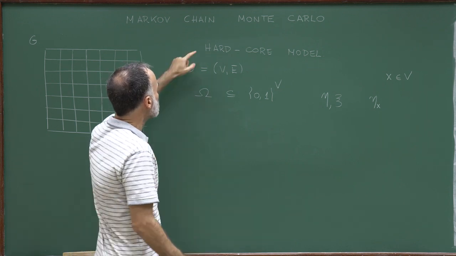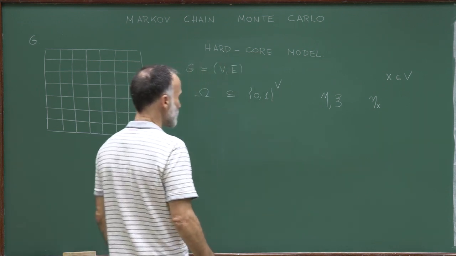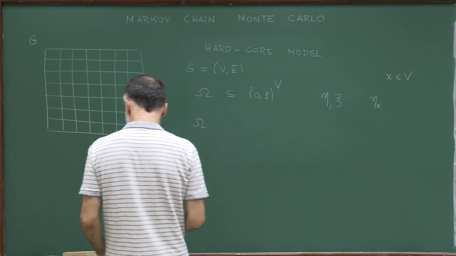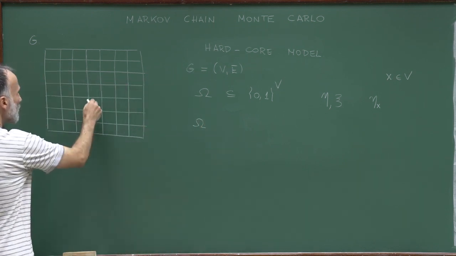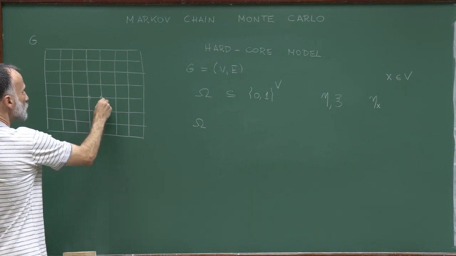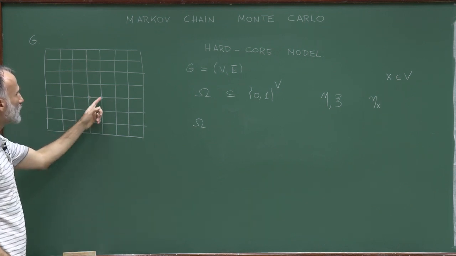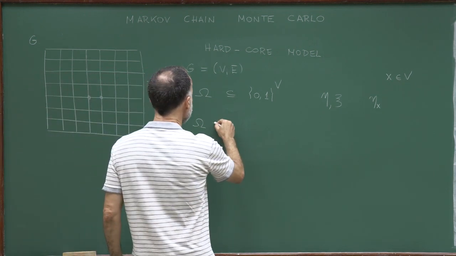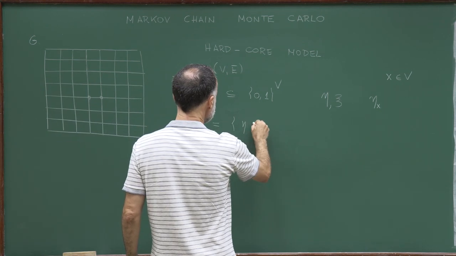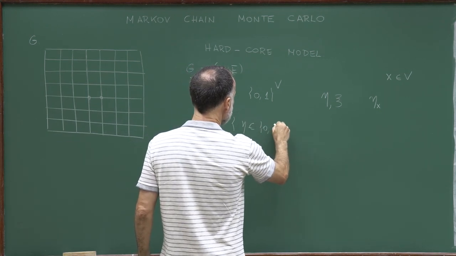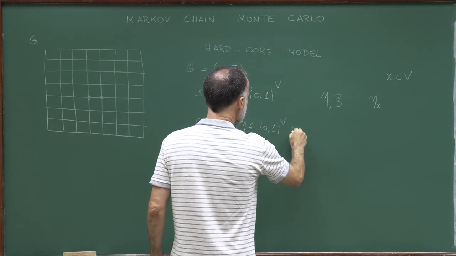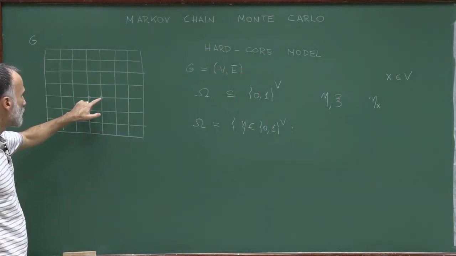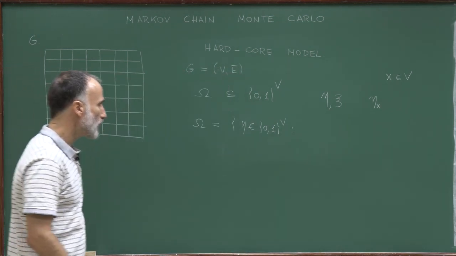But I want to introduce a hardcore interaction between these particles. So I will not allow two particles to be sitting in sites which are connected by an edge. So my state space omega will be the elements of {0, 1} to the power V, but only those such that you don't have two particles sitting on sites which are connected by an edge.